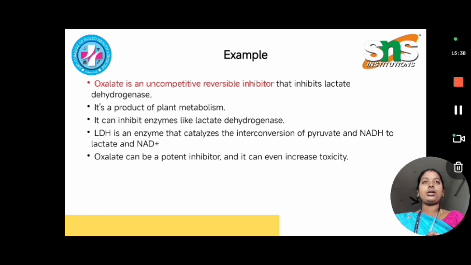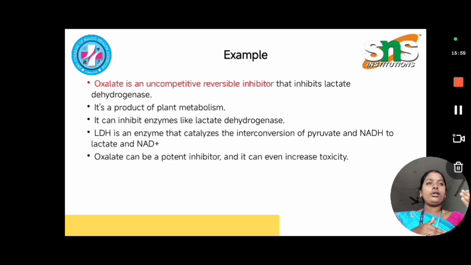Glycolysis is the main important form of glucose metabolism in which glucose is converted into pyruvate. That byproduct of glucose metabolism, pyruvate, is converted into lactate with the help of lactate dehydrogenase.